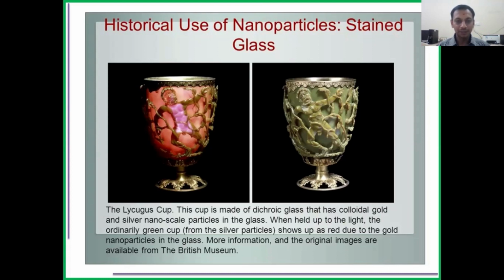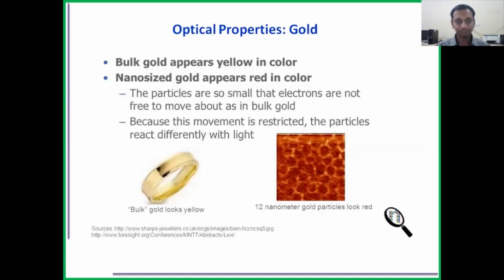More information is also available at the British Museum. So now you can talk about the silver or gold particles' optical properties. If you convert the bulk level particles to nano size, actually you are changing the optical properties also. You are changing many properties, but now we talk about optical properties.